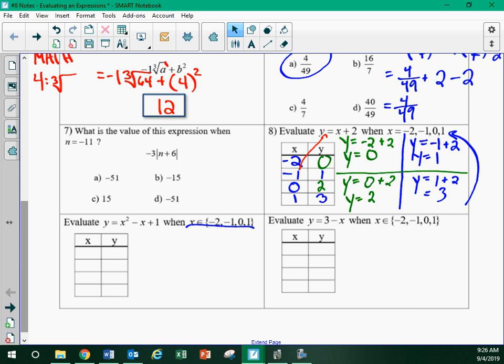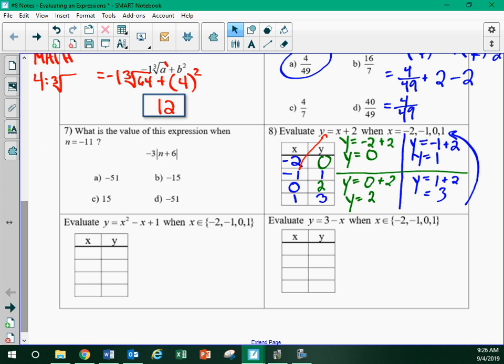What's that sign that's next to the parentheses? Down here. It's a Greek letter. It's called epsilon. What it means in math is belongs to. So it says x belongs to the set of -2, -1, 0, 1. Or really, it's just saying x equals those numbers.